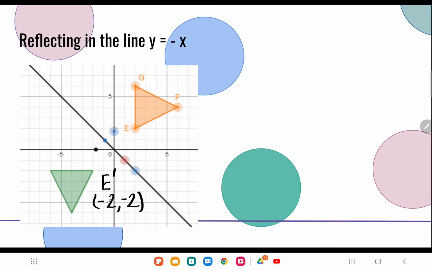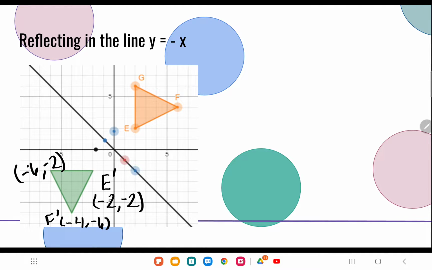My F coordinates have changed as well from 6, 4 to negative 4, negative 6. And my coordinates for G have similarly changed from 2, 6 to negative 6, negative 2.